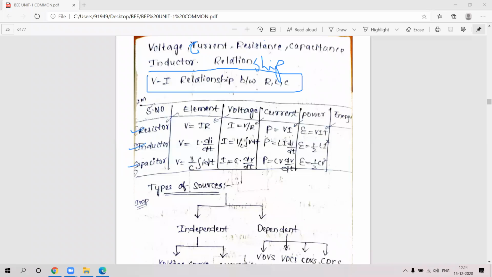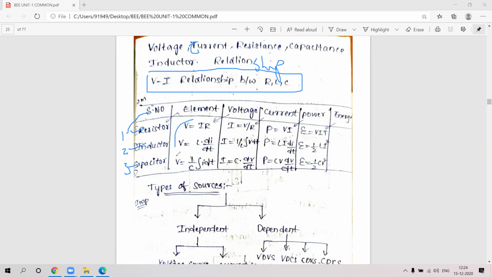This is not serial number, you just make this as element. You can observe that serial number is missing here. That is serial number 1, 2, 3, and the element is resistor. In the place of element, you write down resistor, inductor, and capacitor.